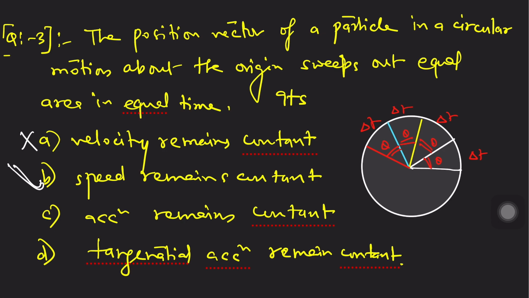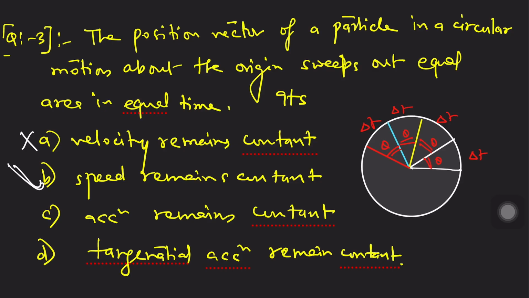Now coming to acceleration remains constant. How could it be constant? If it is moving on a circle, it always has some centripetal acceleration towards the center, and the acceleration is going to change its direction.